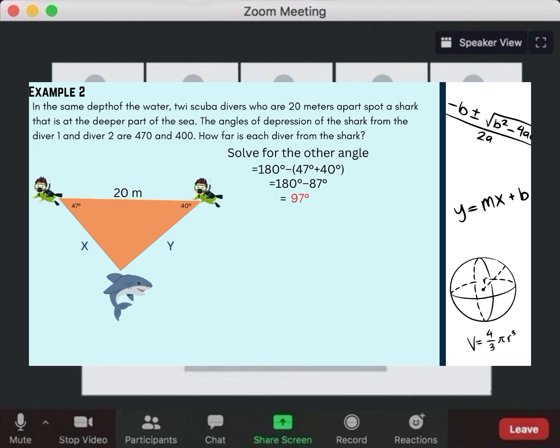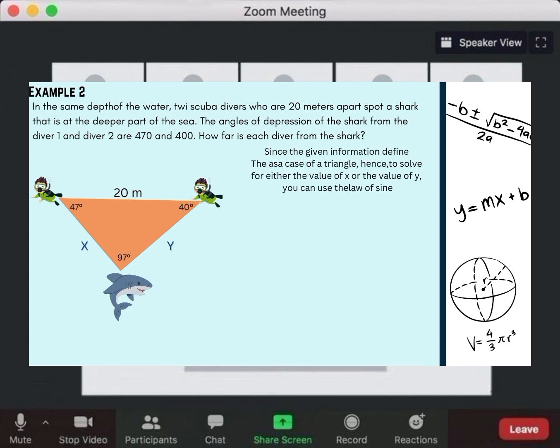Since we are asked how far the divers are from the shark, we are finding x and y. First is x. To solve for x, x over sine 40 degrees equals 20 over sine 93.